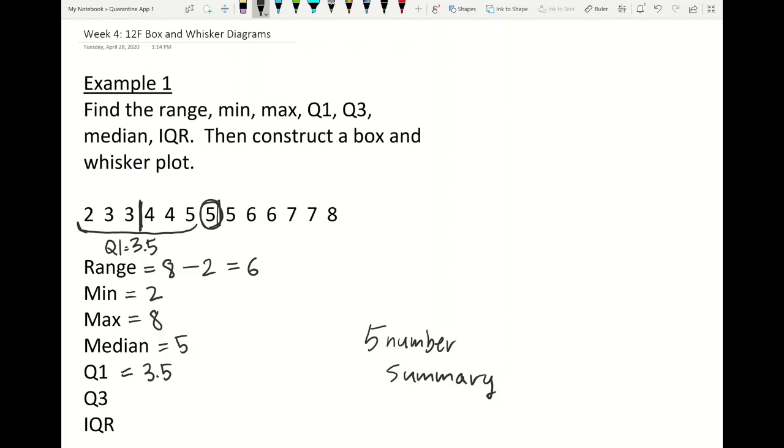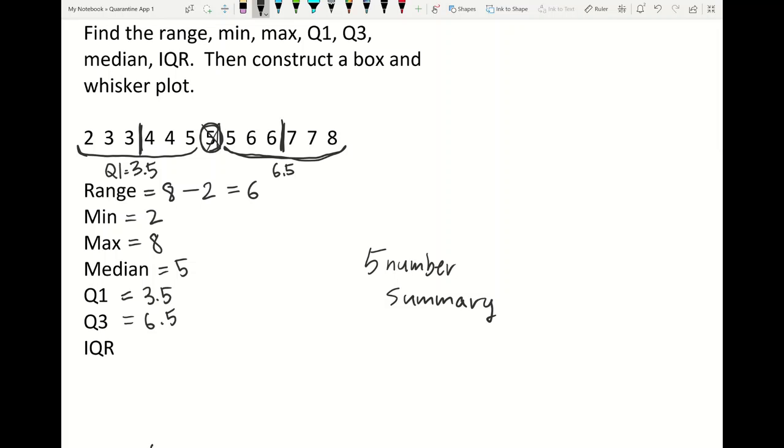Now to find Q3, we will find the median of the second half, excluding this 5 right here. In this case, the median should be right here, so it is 6.5. So Q3 is 6.5.